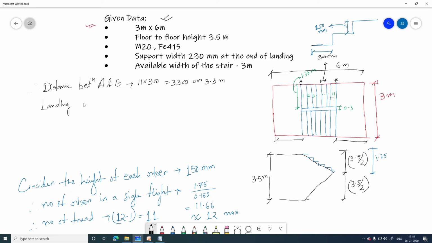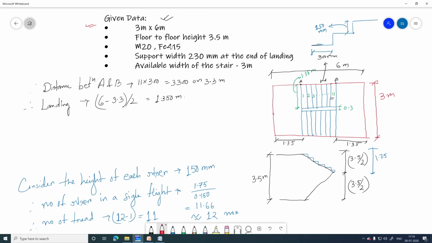These two are the landings, right. So the length for each landing will be 6 minus 3.3 by 2, right, and the value is 1.350 meter. Okay, that means it is 1.35, and here it is also 1.35. So, up to this it is very much clear.